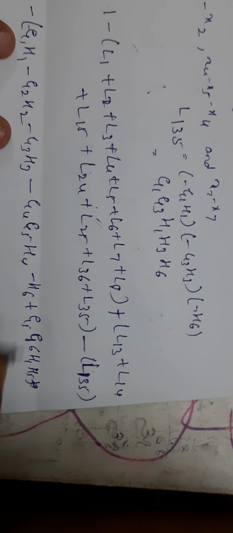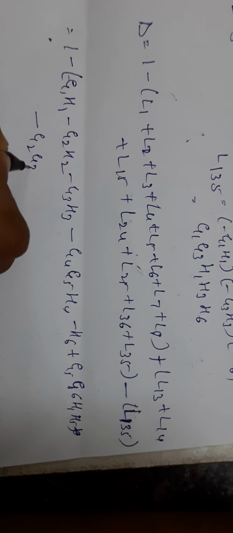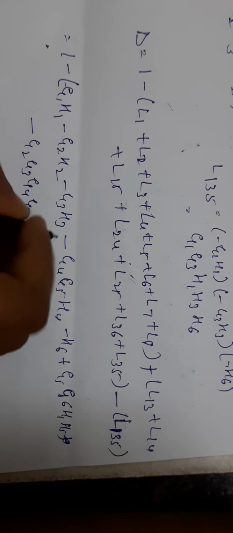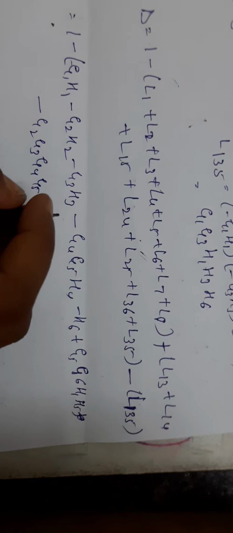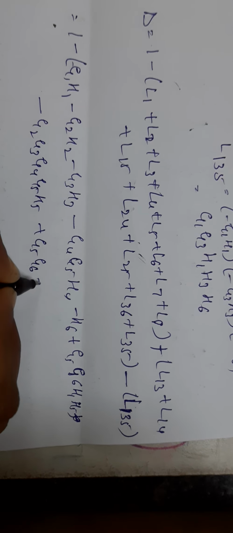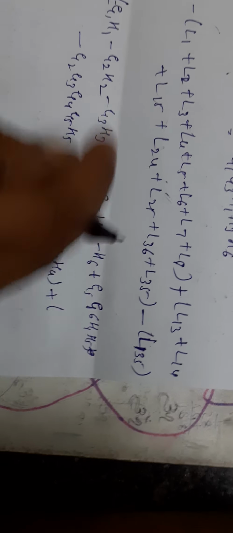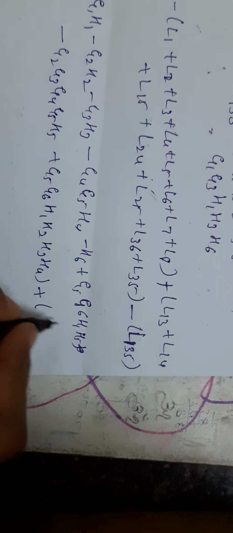Next, continue, minus G2 G3 G4 G5 H5. Okay, plus G5 G6 H1 H2 H3 H4. So plus L13, L14, we have to write all the things.